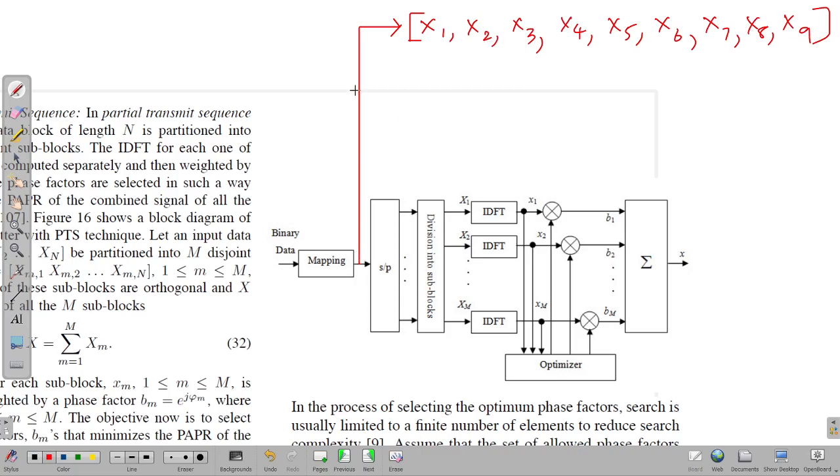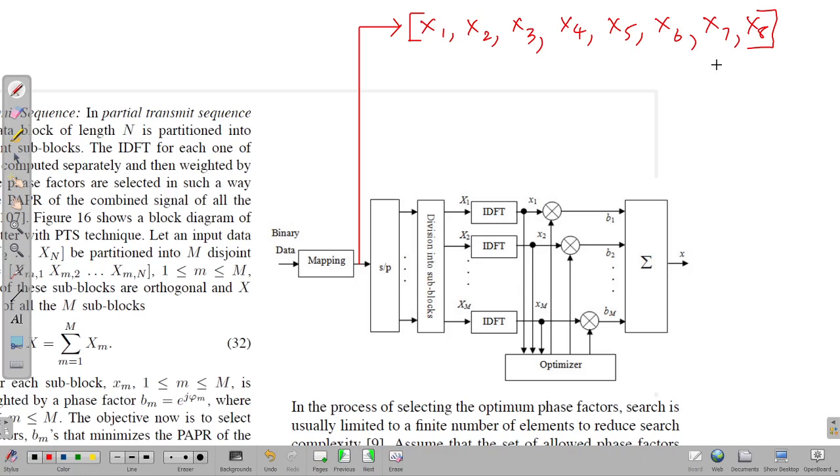So after mapping, you have this particular block. Just make it up to X8, because mostly the inputs to IDFT blocks are powers of 2.